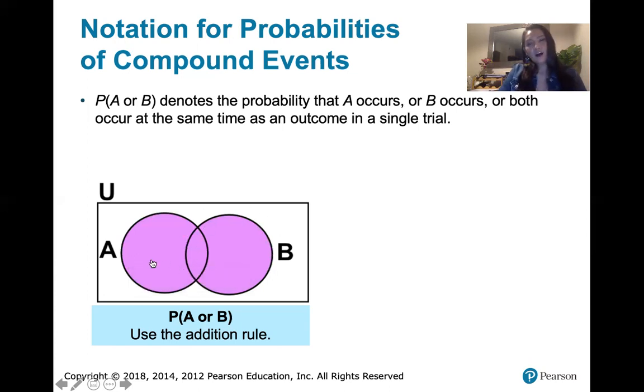We want all of the members of this set and this set divided by the total number of outcomes. We're going to use the addition rule. We're going to talk more about that addition rule in the next lesson.